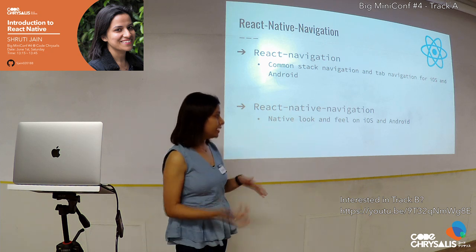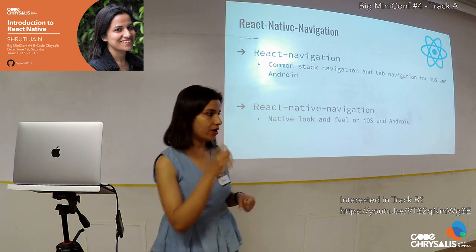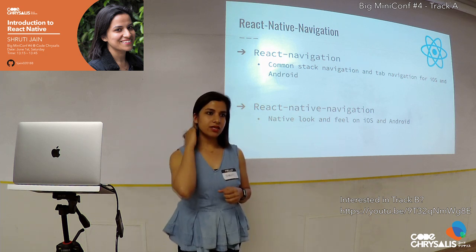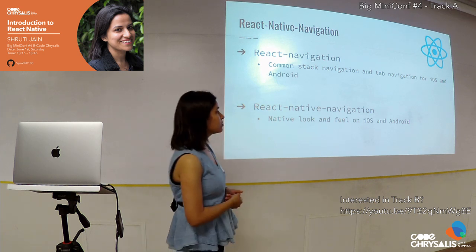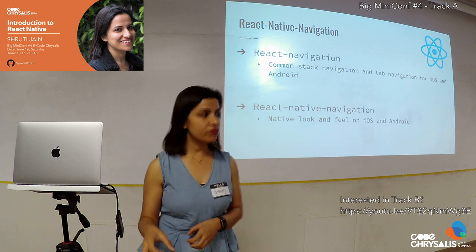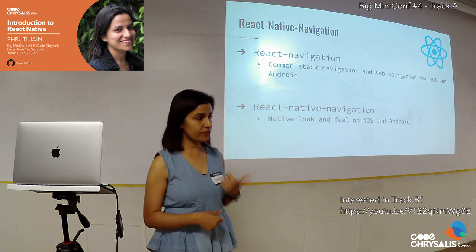But in React Native Navigation, you have to maintain it separately, because the navigation is natively different in case of iOS and Android. So if you want the exact native feel, then you have to use React Native Navigation.